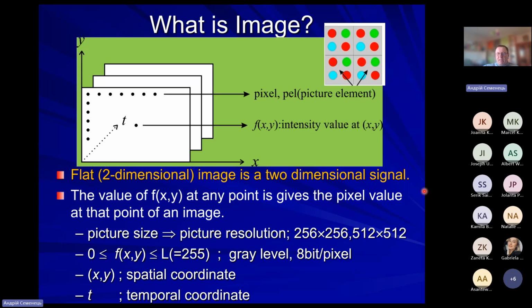Any kind of image consists of different picture elements, or pixels. I think you hear the term pixel, and every time it's referred to a digital image.